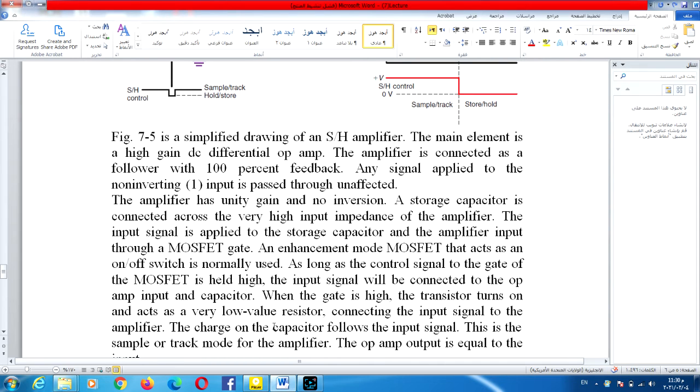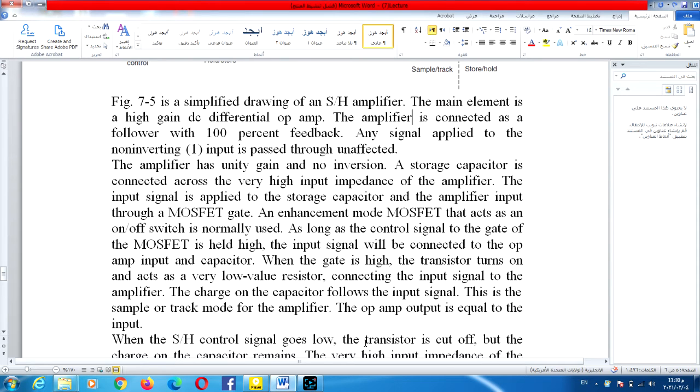The charge of the capacitor follows the input signal. This is the sample or track mode for the amplifier. Therefore the amplifier output is equal to the input.